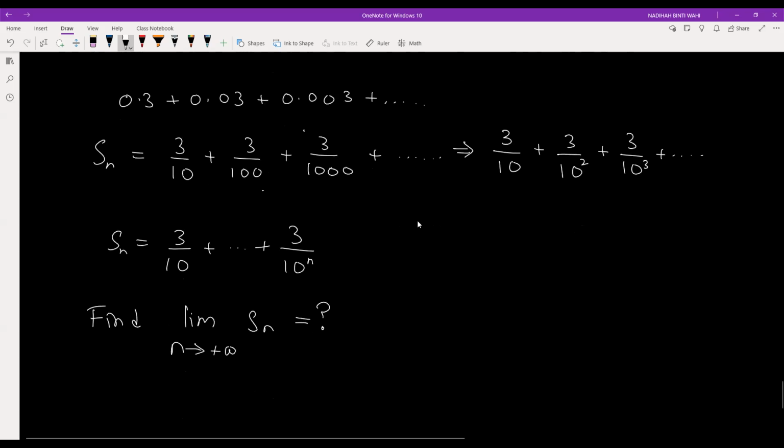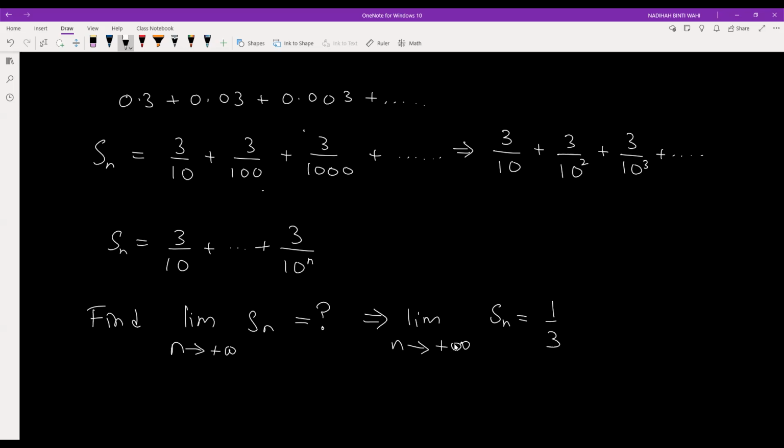So actually, this is just equal to 1/3. Why?